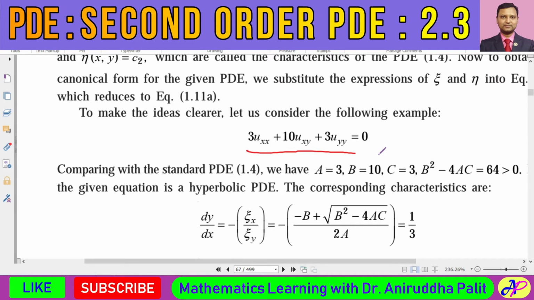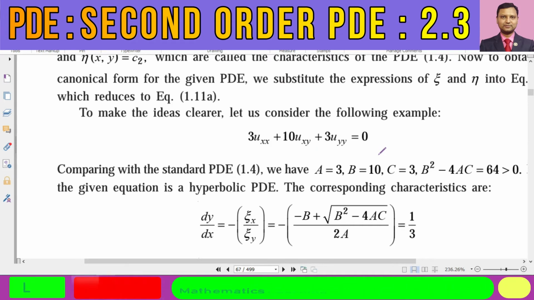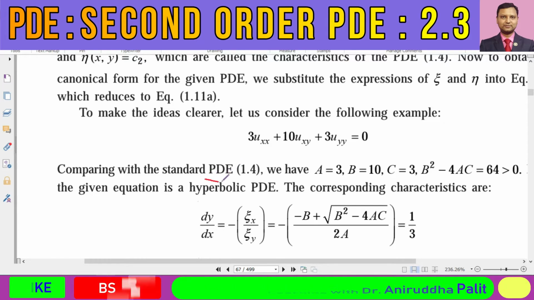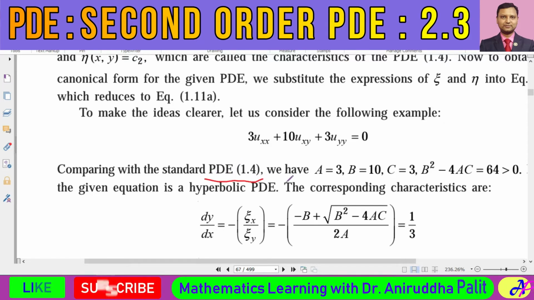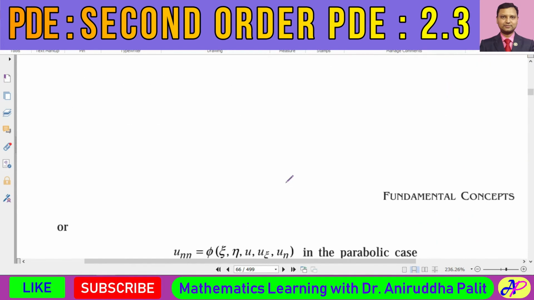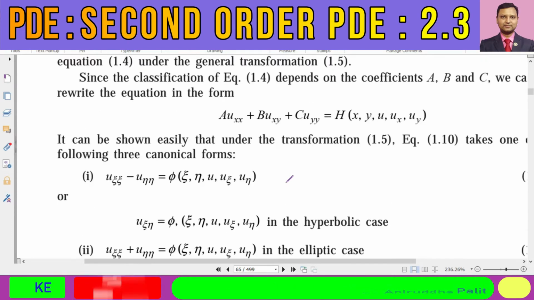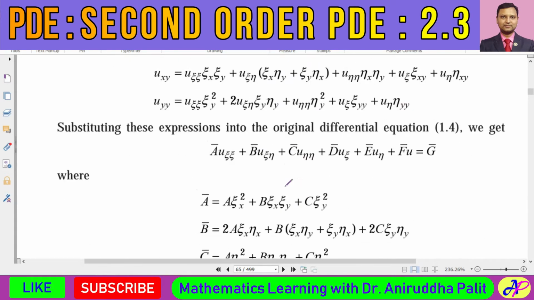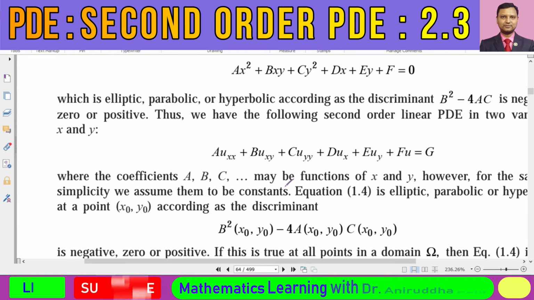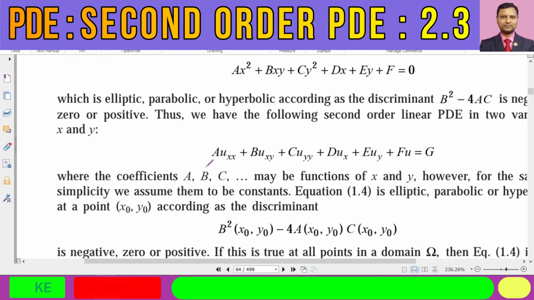Now compare this equation with the standard form, the given form of a partial differential equation. What was the form? Let us recall this form. Equation number 1.4 was this one.